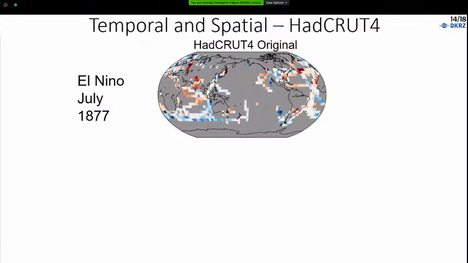And the nice example here in July 1877 is that you see these shipping routes on the map, and there's a missing block directly over the Central Pacific, and you don't see any sign of an El Nino. So that was a good task to test the method.